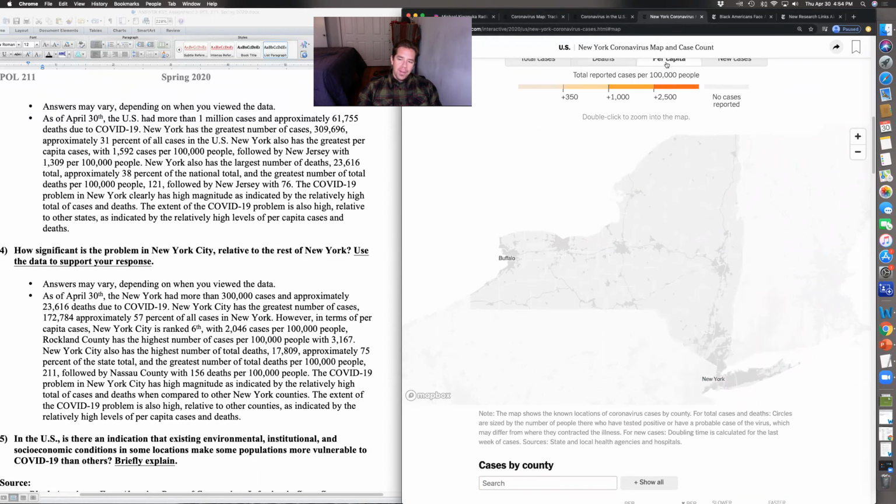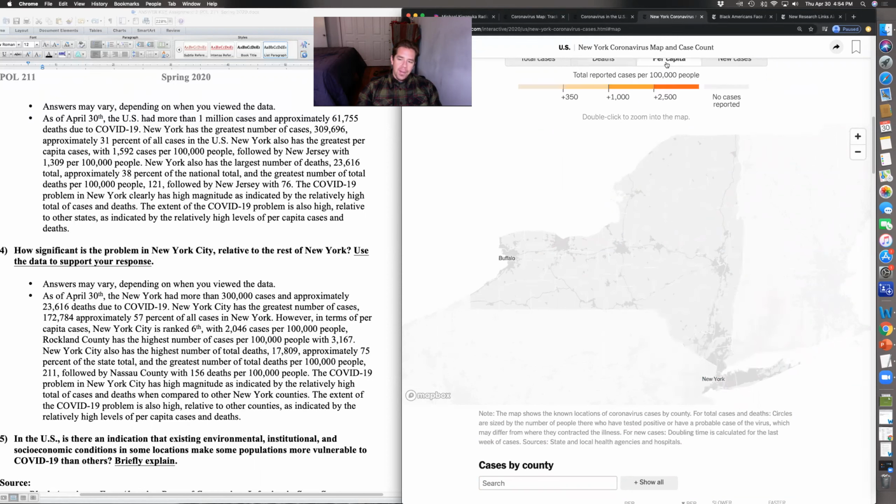So just a summary here: the COVID-19 problem in the city has high magnitude due to its top ranking in terms of total cases and total deaths. But if we look at those per capita numbers, it tells us that the extent of the problem in the city is also high. So again, all of the data we just looked at is about why New York City is the epicenter of this pandemic.